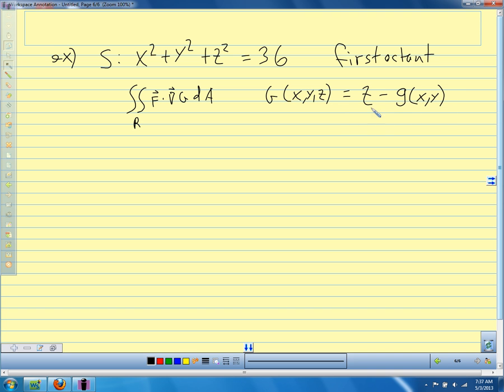In order to use this expression, we have to express our surface as z minus g of x, y. That's what gives us our upward normal vector.